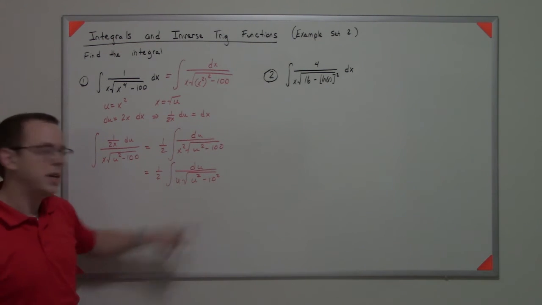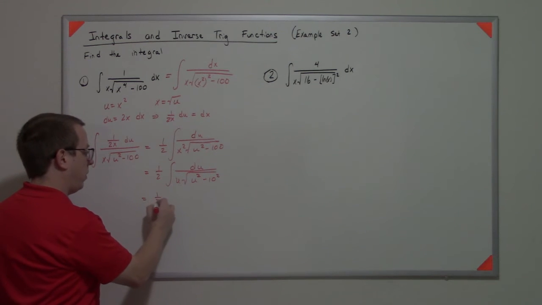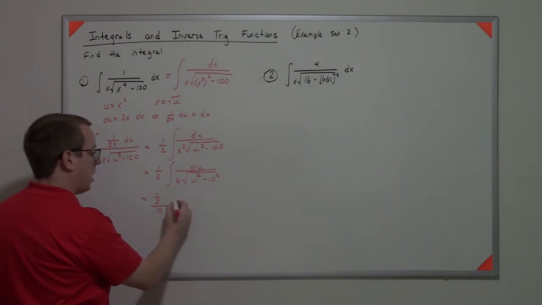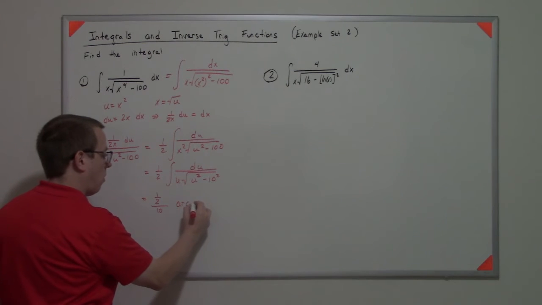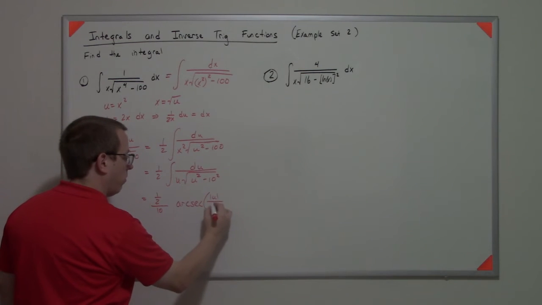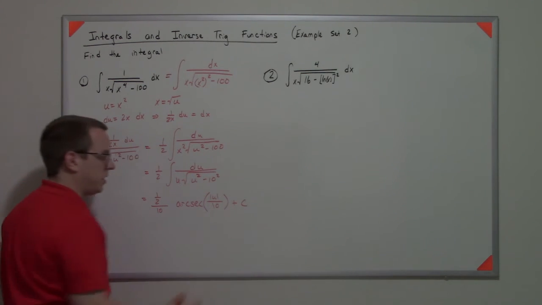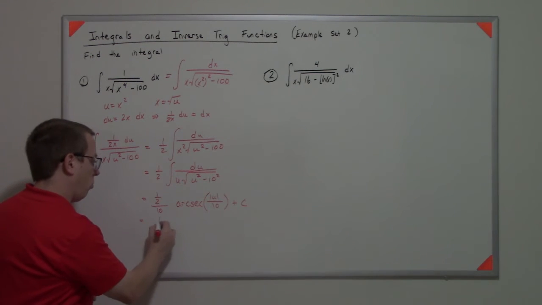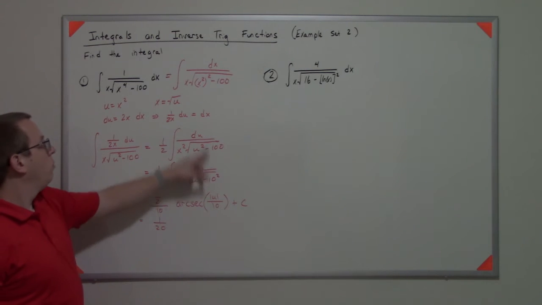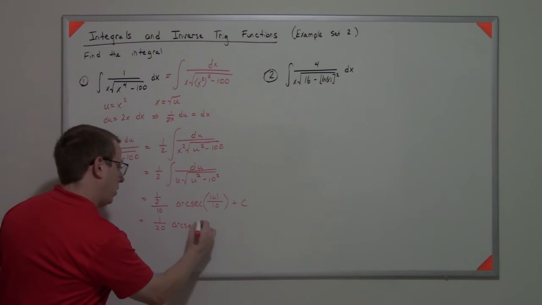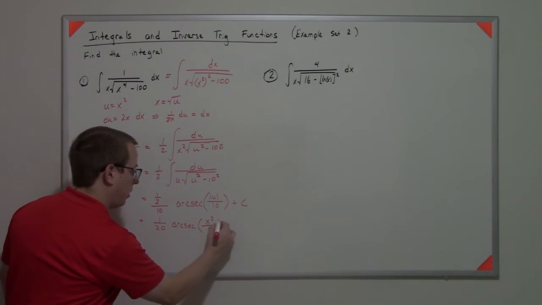I see that a is 10. So my answer is 1/2 times 1 over 10 times arcsecant of u over 10 plus c, at which point I'm going to resolve this into 1 over 20, and u is equal to x squared, so I can say arcsecant of x squared over 10 plus c.